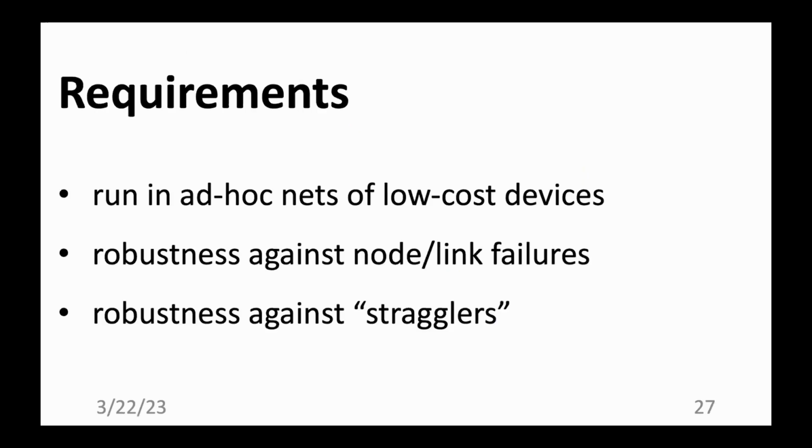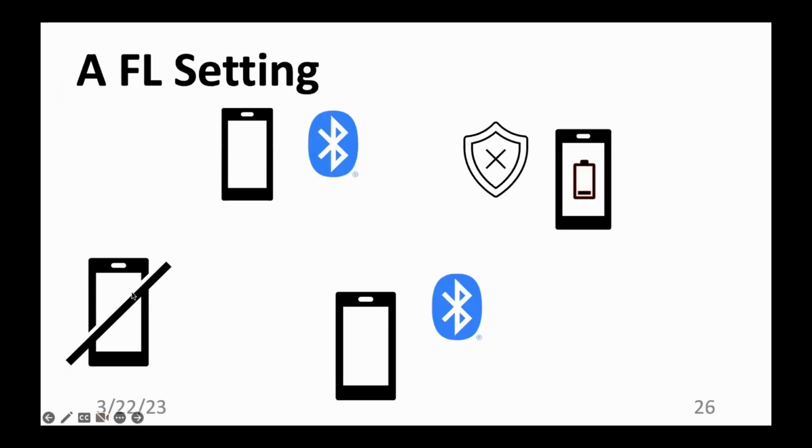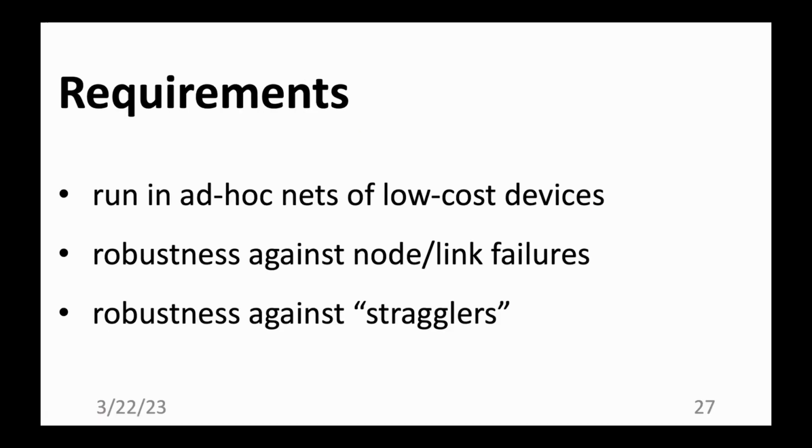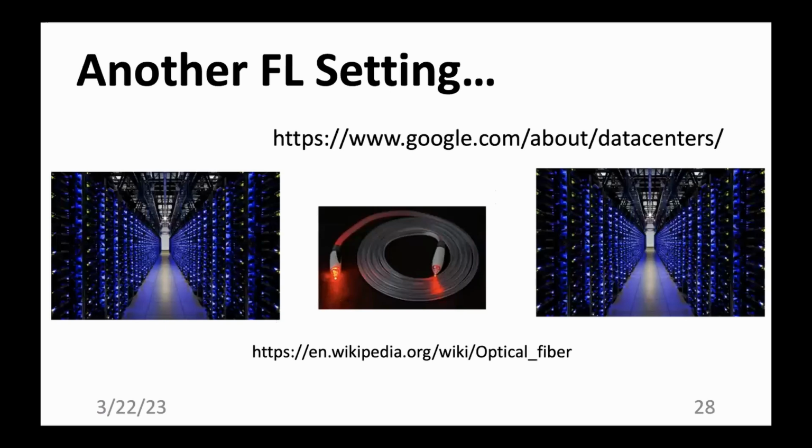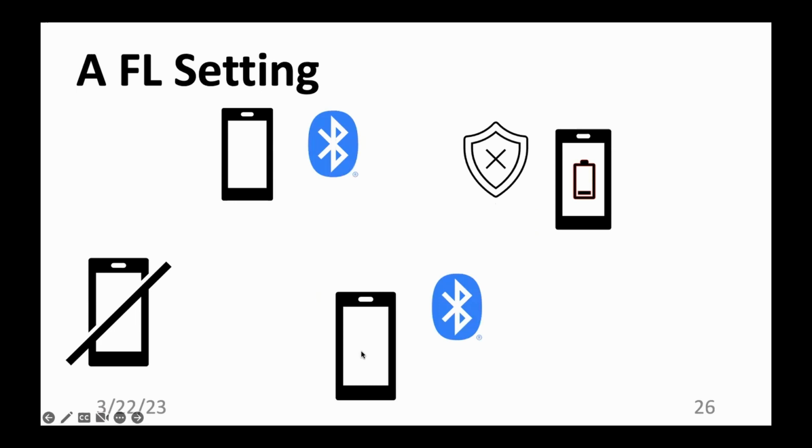So we need optimization algorithms that are robust to such hardware or infrastructure failures or imperfections, in particular robust against stragglers. We want optimization algorithms that can tolerate that once in a while a few of the nodes will fail to function. But there are also other federated learning settings. This is just one type of federated learning setup.